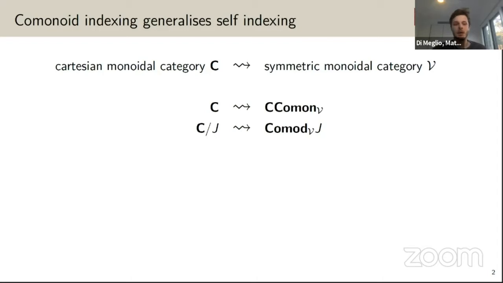So next, I want to tell you about the re-indexing functors and the index sum functors, but I'll tell you about the index sum functor first.